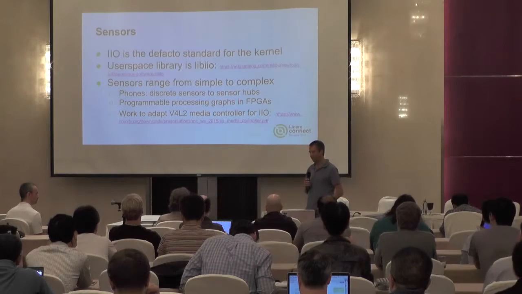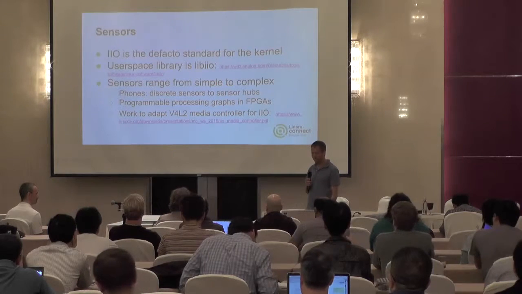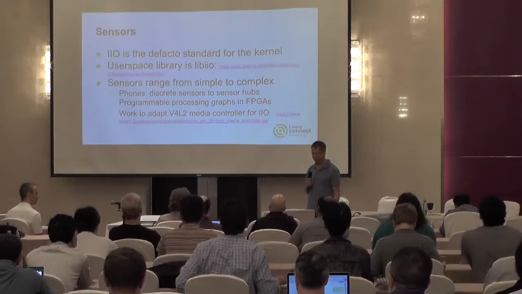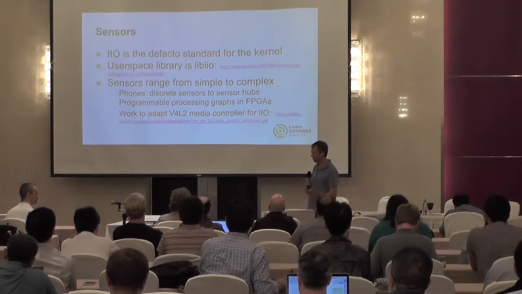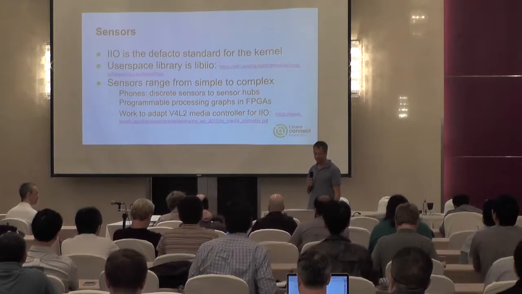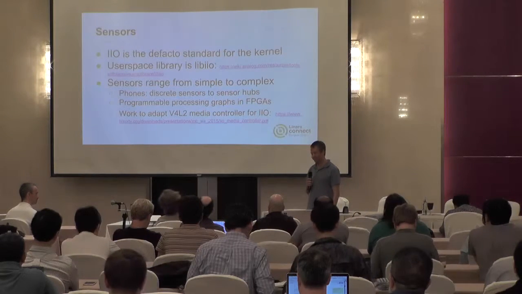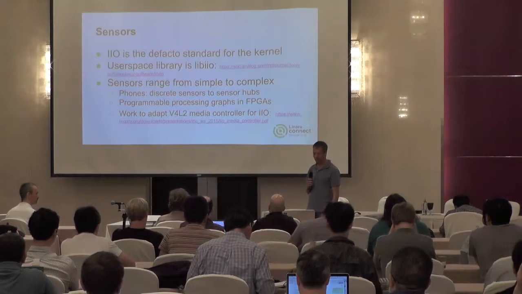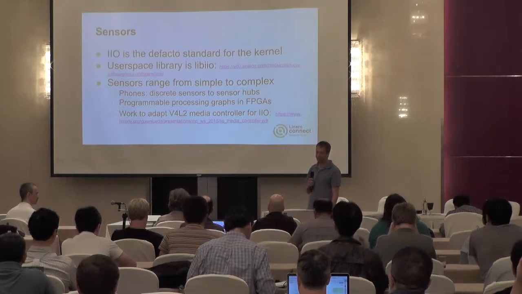You have simple things like ADCs and accelerometers, moving to more complex things. In mobile, it's sensor hubs. There are also people doing processing pipelines and FPGAs that need controls at various points in the pipeline.